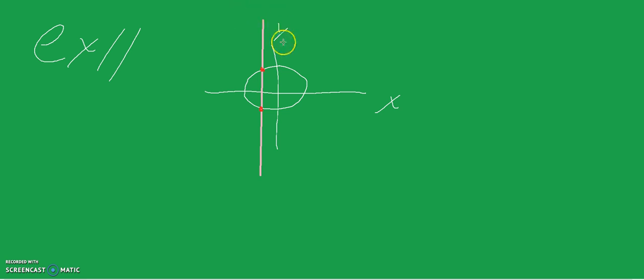Now, what if I draw another vertical line? Well, I can see that it crosses twice again. The thing with the vertical line test is as soon as it crosses twice anywhere, it's not a function. So this is not a function because it fails the vertical line test.